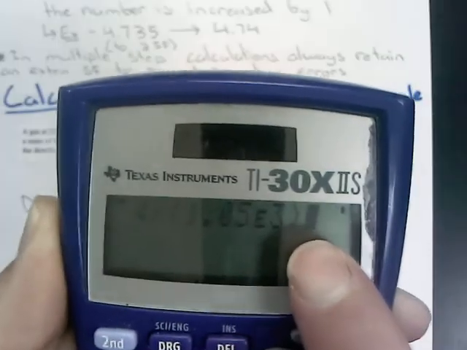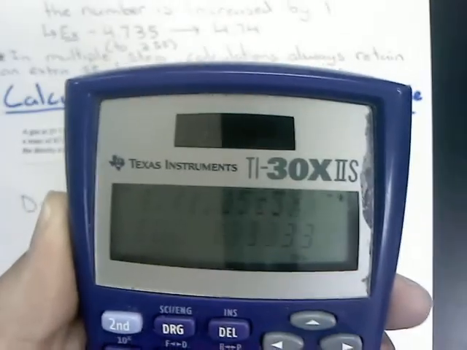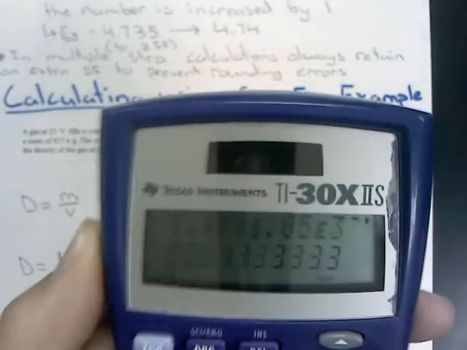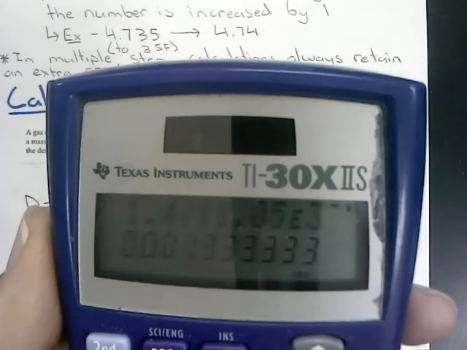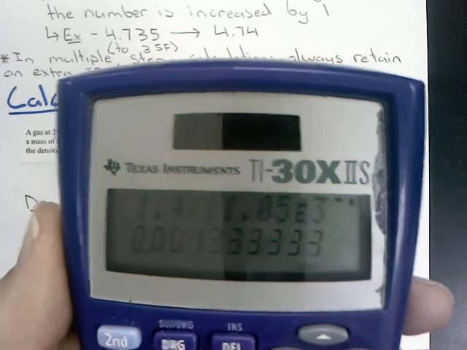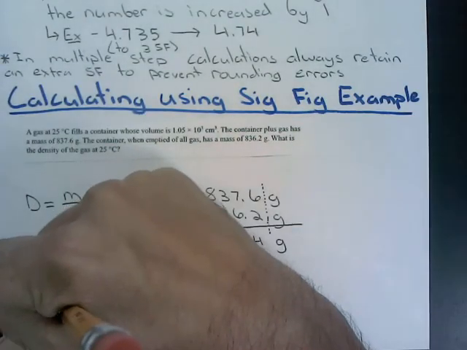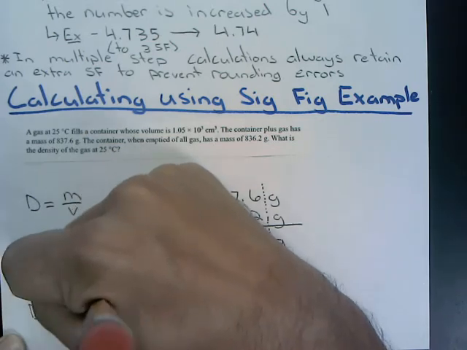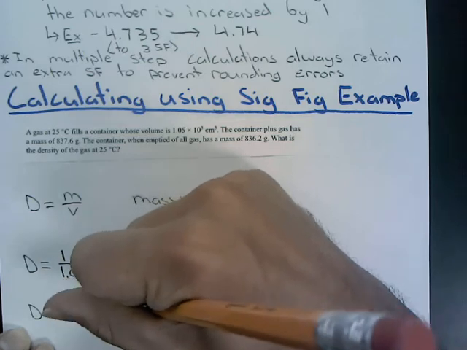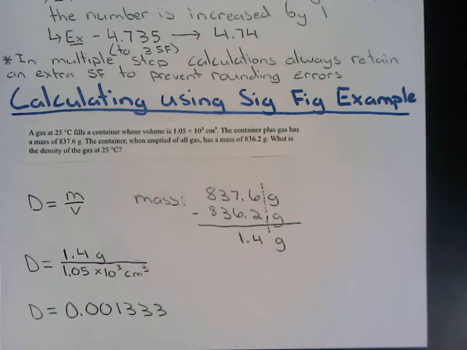Notice how I put what I have in scientific notation in parentheses. Then I press enter. So we have, and I'm going to write some extra digits down, 0.001333. And I kept quite a few more digits than we need.